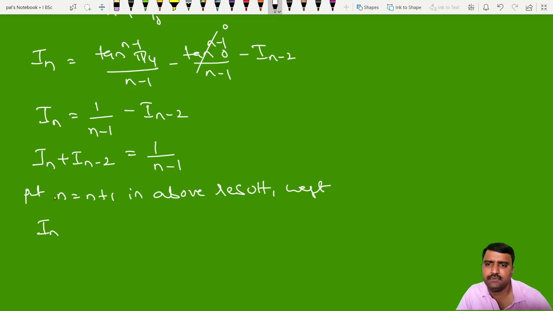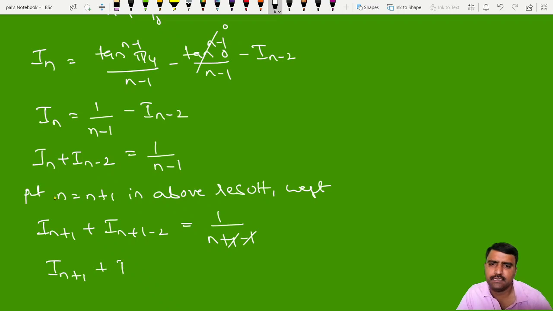in plus 1 plus in plus 1 minus 2 is equal to 1 by n plus 1 minus 1. This plus 1 cancels with minus 1. So then in plus 1 plus in minus 1, so plus 1 minus 2 becomes minus 1, which is equal to 1 by n.